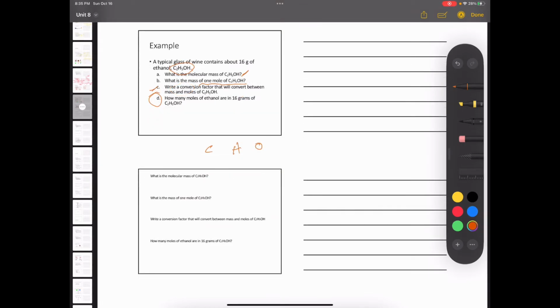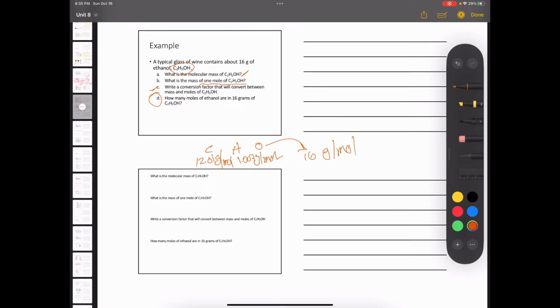All that can be obtained from the periodic table. So when you look at the carbon, for example, the atomic mass for the carbon is 12.01 gram per mole. For the hydrogen, it is 1.007 gram per mole. And for the oxygen, it is about 16 gram per mole.